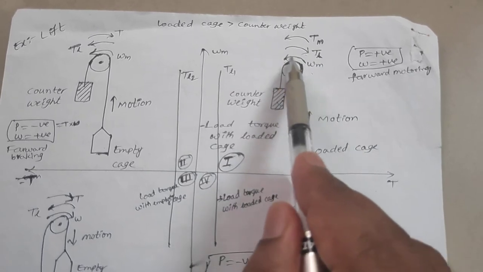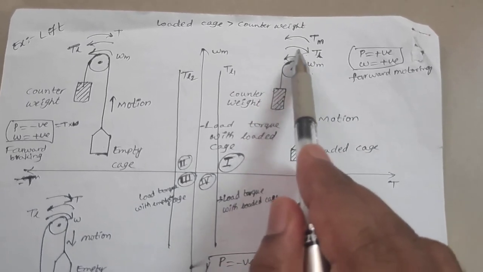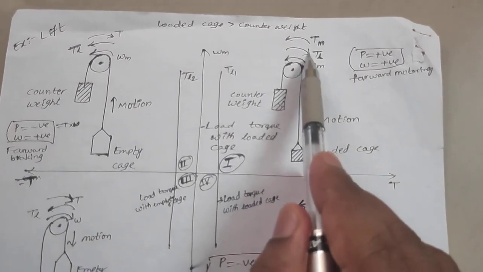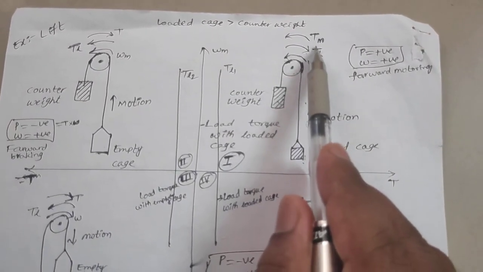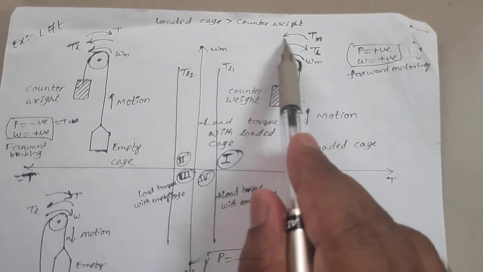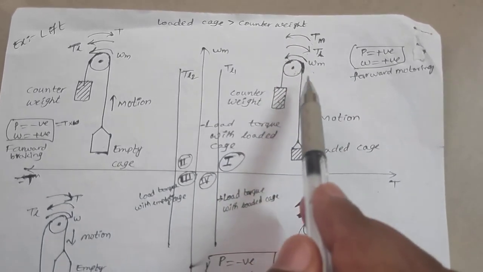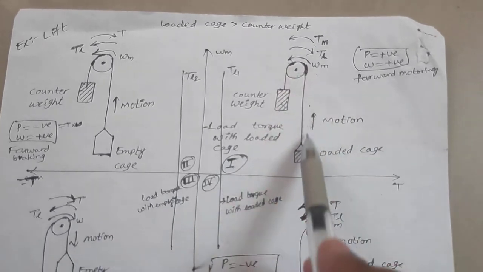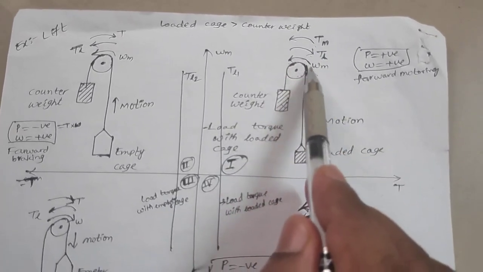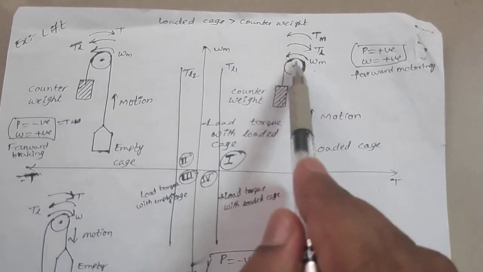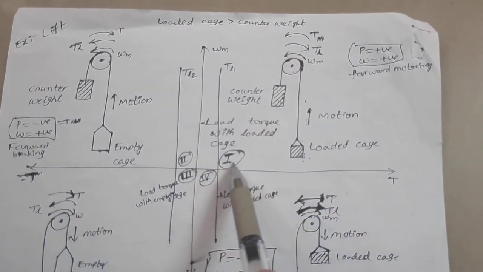So speed is in the counterclockwise direction, the load torque is towards the loaded cage, and to balance this load torque, the motor torque is produced in the opposite direction. So these are the conventions. Here the load torque is in the clockwise direction, and speed and motor torque are both in the counterclockwise direction. That's why it came in the first quadrant.